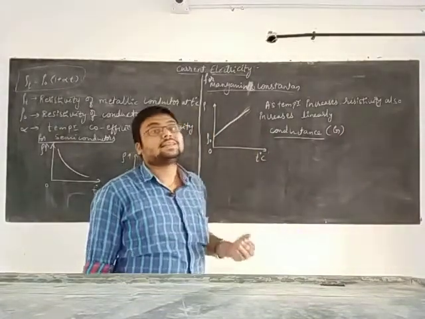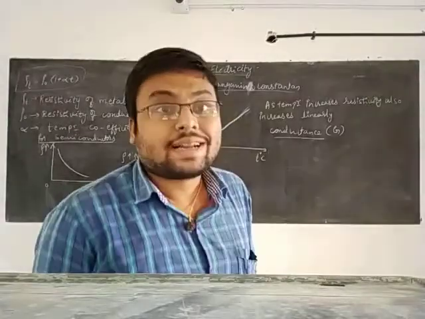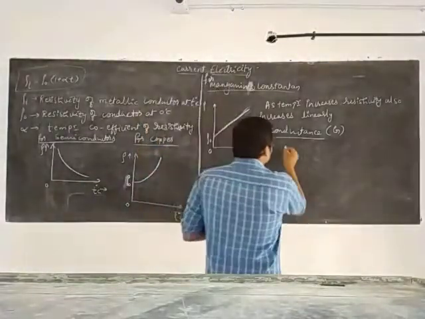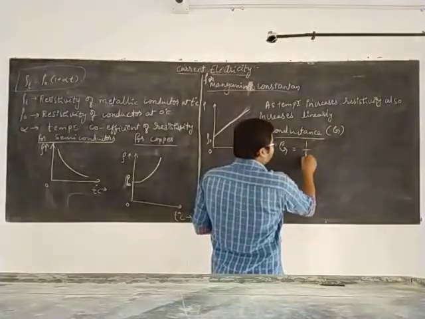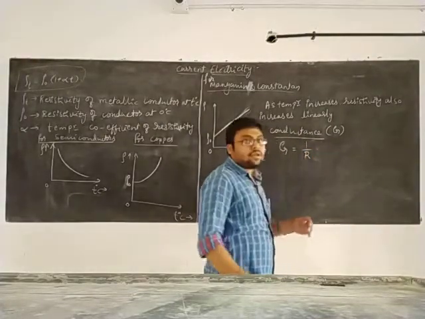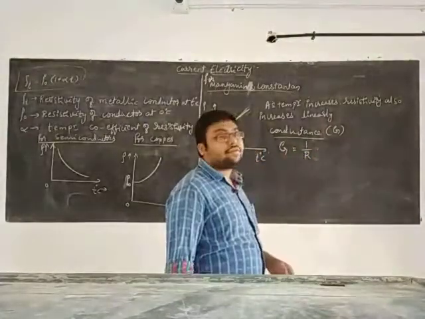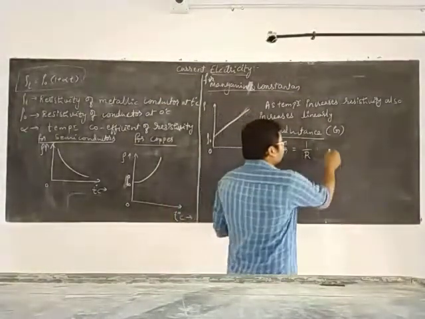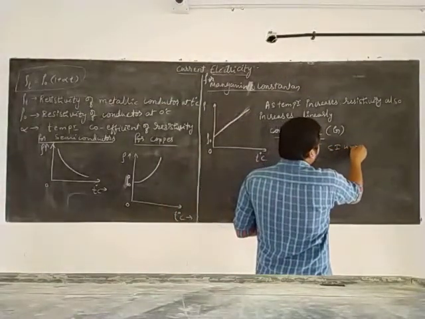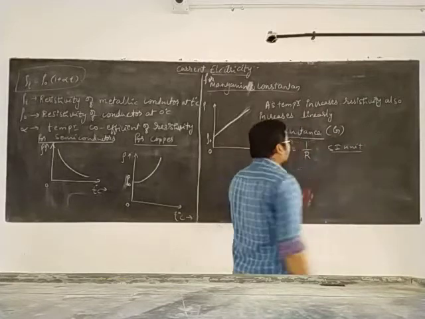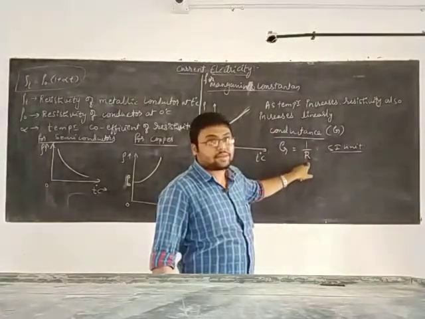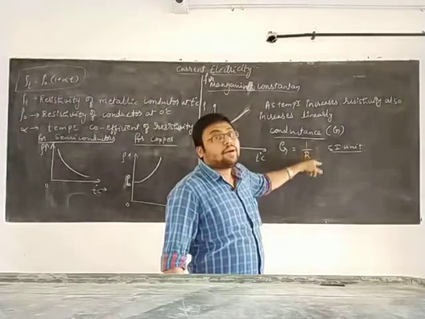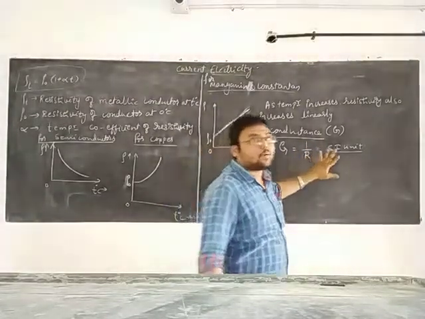Conductance is nothing but the reciprocal of resistance, 1 by R. So what is the SI unit of conductance? Resistance is measured in ohm, and here resistance is in the denominator, so 1 by ohm means per ohm.